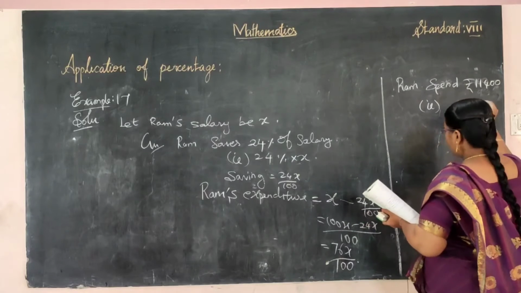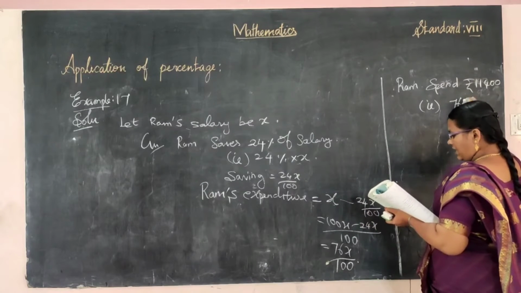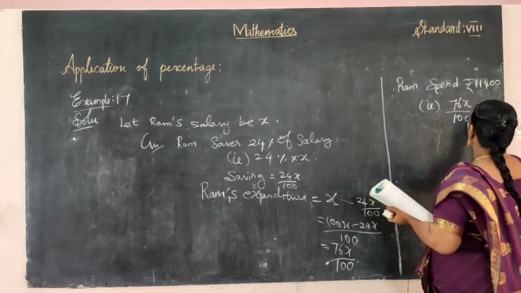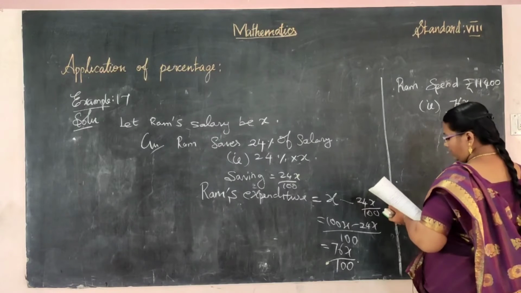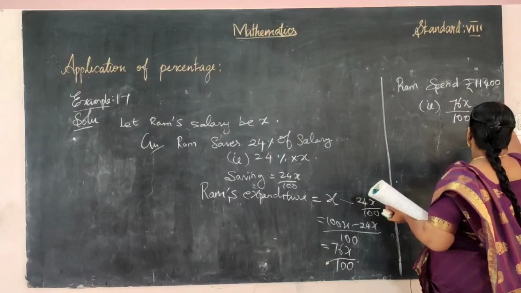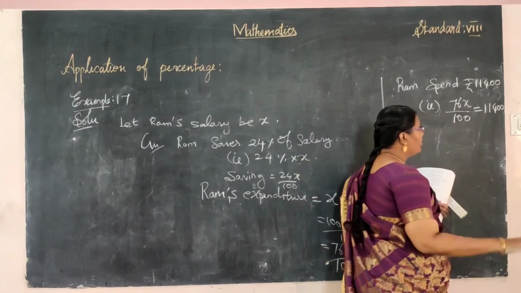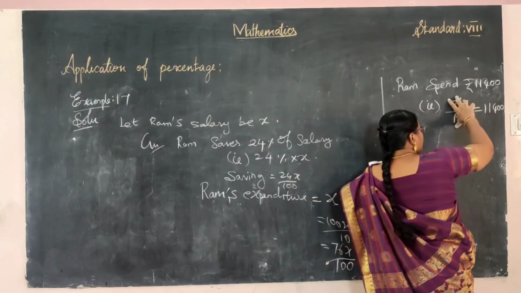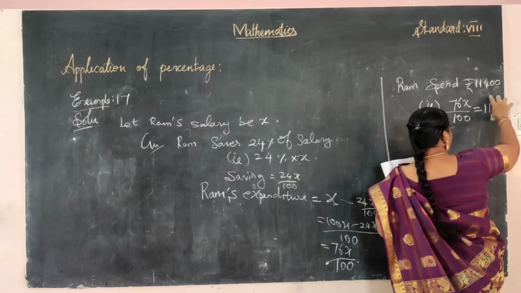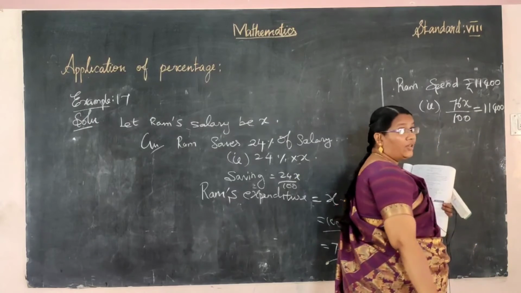So expenditure is 76x by 100, which is equal to the expense. He spends one amount, and we equate it with this expense.